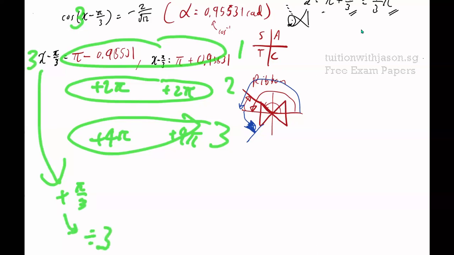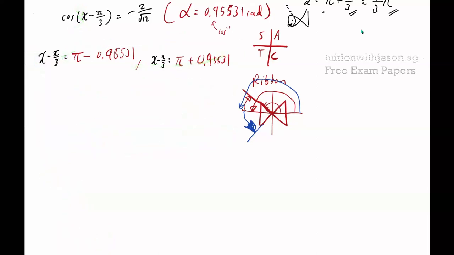But for now, we don't need anything so complicated. This is good enough. This trick assumes that the domain of the angle x is between 0 and 2 pi. Otherwise, it doesn't work. 2x, 2 pairs; 3x, 3 pairs; 4x, 4 pairs. That trick only applies when x is between 0 and 2 pi.